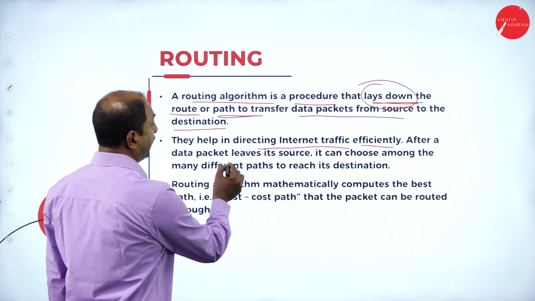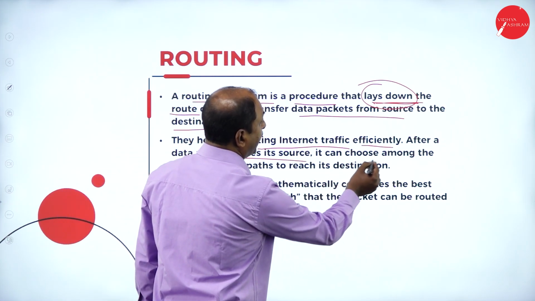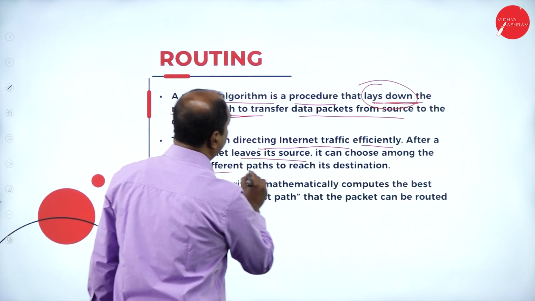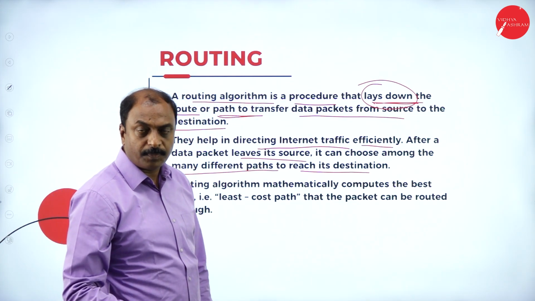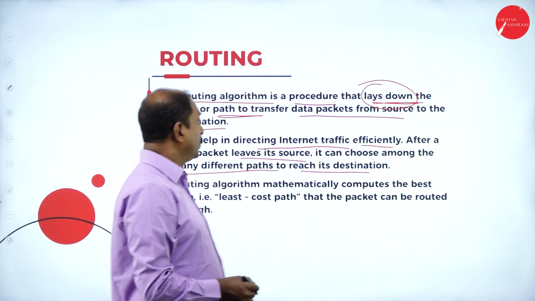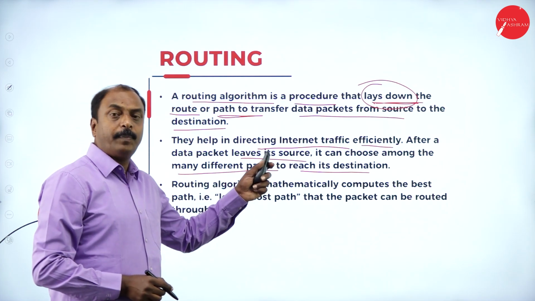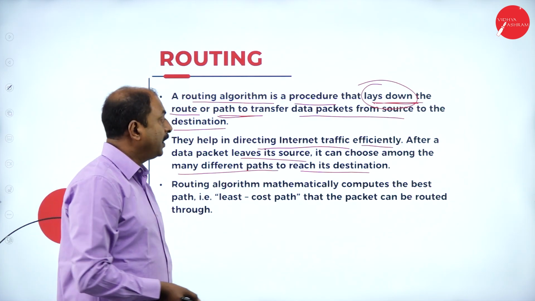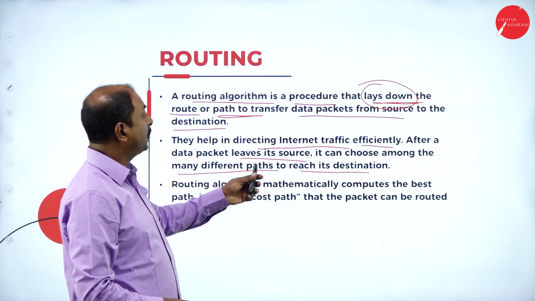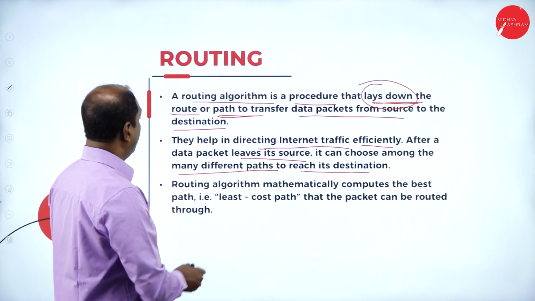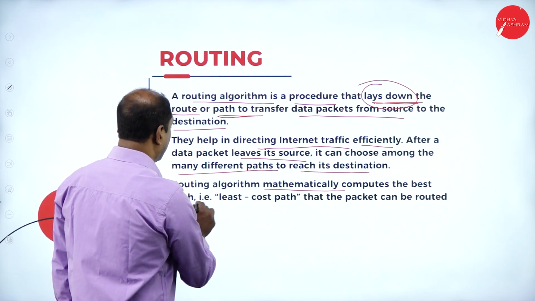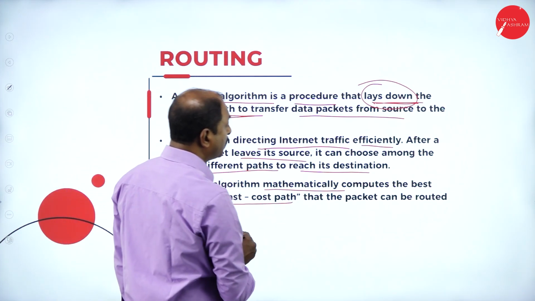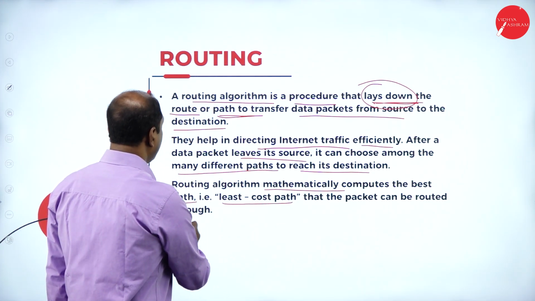After a data packet leaves its source, it can choose among many different paths to reach the destination. If there is more than one path to reach the destination, it is going to take the best path, the nearest path based on this configuration. The routing algorithm mathematically computes the best path, that is the least cost path that the packets can be routed.